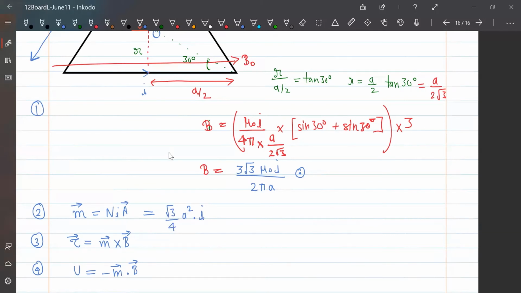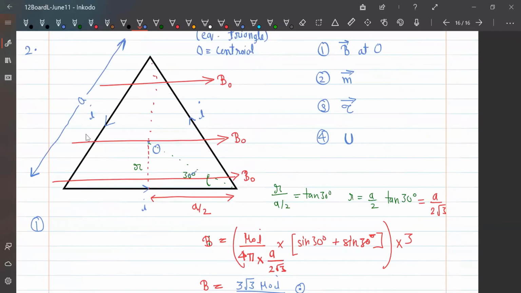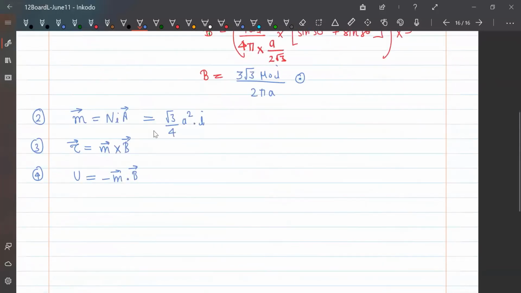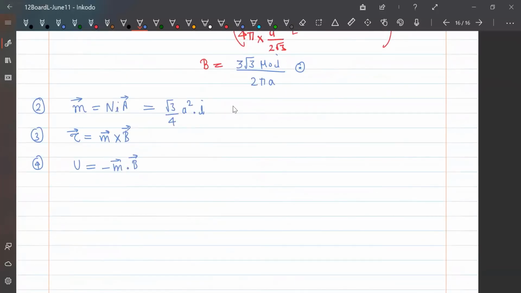Yes, area of an equilateral triangle. And the direction of this magnetic dipole moment: you have to curl your fingers along the loop, and your right hand thumb will point in the outward direction. So here it will be out of the loop.